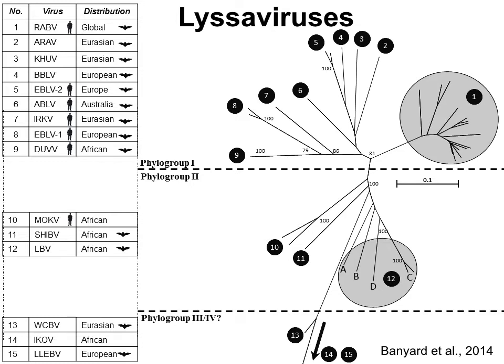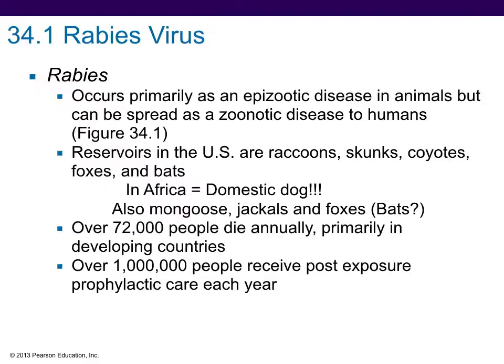Then we have this list of other viruses of which you don't have to know the names, but they are very similar to rabies virus, but they are mostly carried in bats and not in terrestrial animals. But for us, the most important one that we discuss in this lecture is rabies virus. And so that is the group 1 that you see at the top right hand of this phylogram.